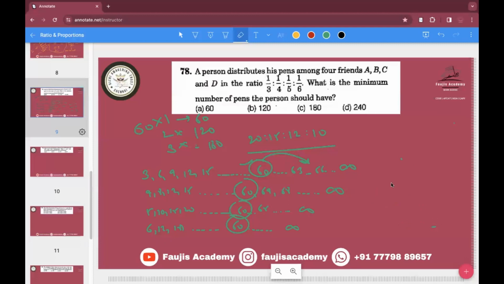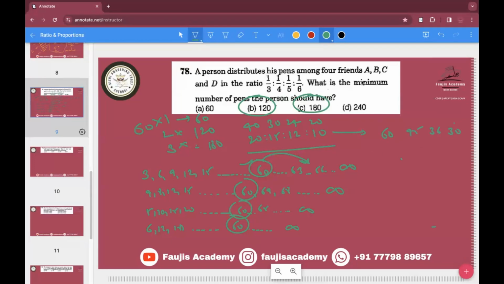The only thing is that had this been 120 pens, all these guys would have got double the number of pens: 40, 30, 24, and 20. Had this been 180, all these chaps, A, B, C, D, would have got 3 times: 60, 45, 36, and 30.